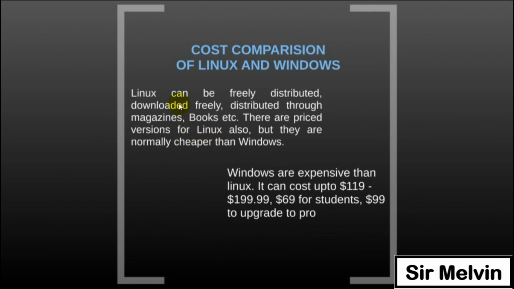So, cost comparison of Linux and Windows. So, there is a comparison. Linux can be freely distributed and downloaded freely because Linux is downloadable online. So, it is free. It is also distributed through magazines, books, etc. There are priced versions for Linux also, but they are normally cheaper than Windows because the Windows OS is more expensive than Linux.